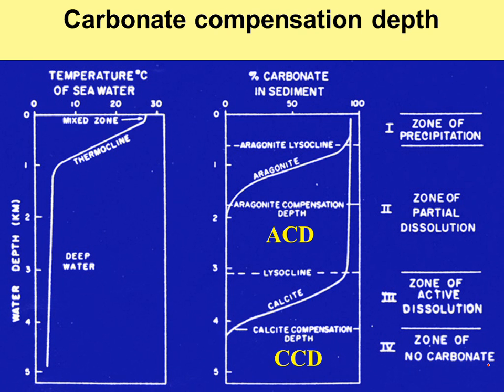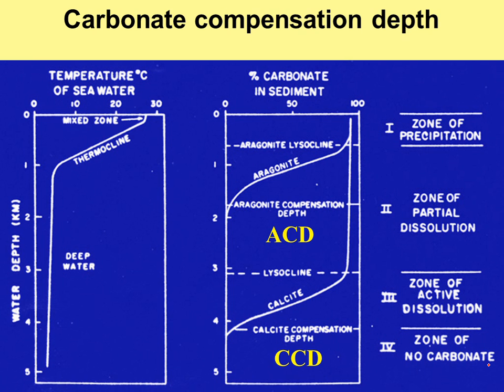And this first line there is called the aragonite lysocline. That is the depth where we begin to see significant dissolution of aragonite. And by the time you get down to the aragonite concentration depth, ACD, the aragonite is simply dissolved at that point.